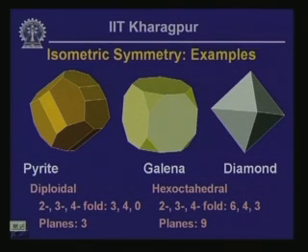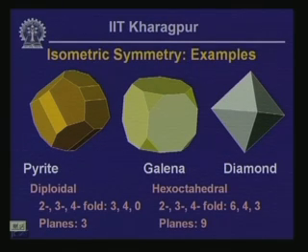It has 3 planes of symmetry, and as I mentioned before, it has a center of symmetry as well. You can see here that it meets the minimum requirement of an isometric form. So, that is the reason this type of crystal can be classified in the isometric family.